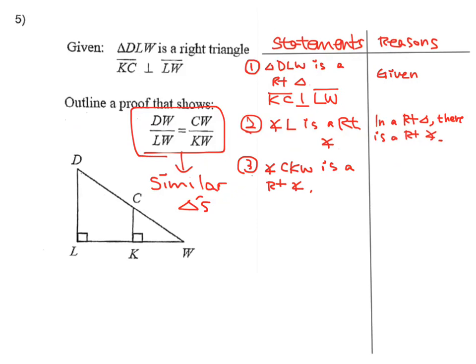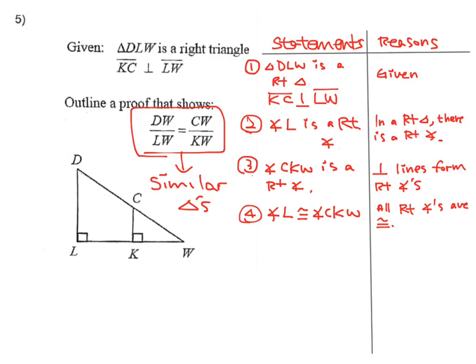Why? Perpendicular lines form right angles. Then step number four, because those two are right angles, we can say angle L is congruent to angle CKW. The reasoning will be all right angles are congruent.